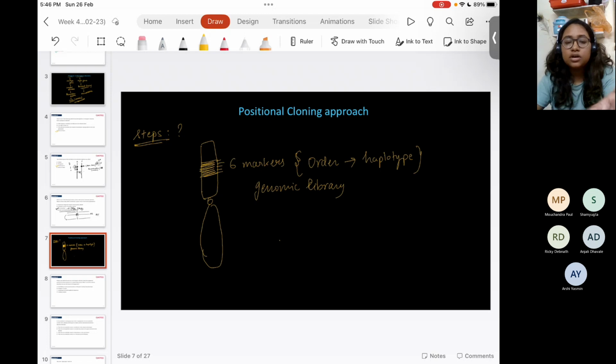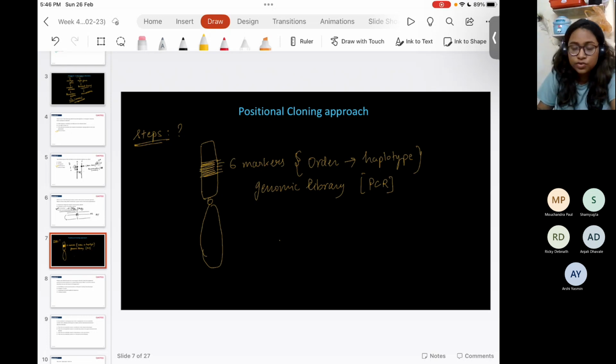Within these carriers, a fragment of the DNA is present. Now you have to check using PCR in which of the entire set of DNA fragments each of the 6 markers is present.